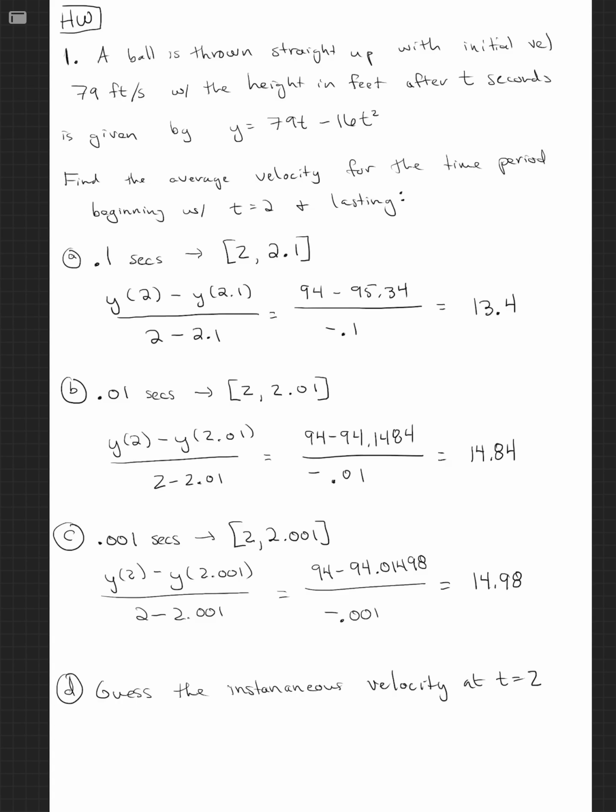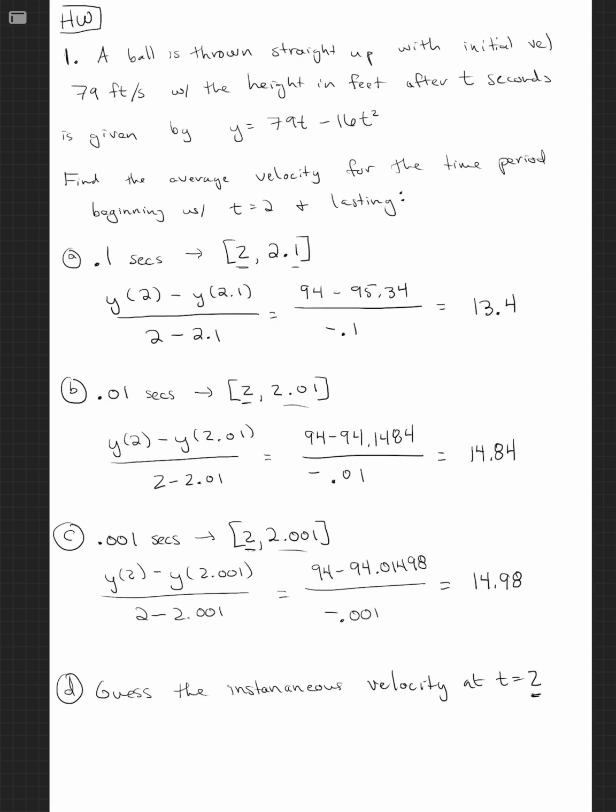So the way that we had to estimate the instantaneous velocity in the first couple sections was that we would make intervals that started with the number we care about, or ended with it, either way, and got closer and closer on the other end. So that's exactly what we've done here.